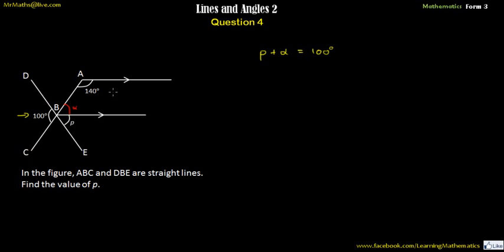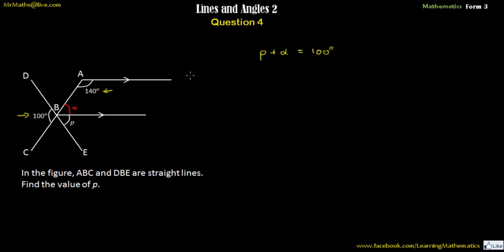What about 140 degrees over here? How does this information help us? Yes, take a look at 140 and alpha. What is the relationship? 140 degrees and alpha are interior angles. If you add up alpha and 140, that equals 180.